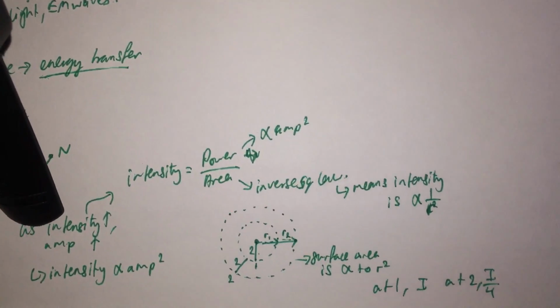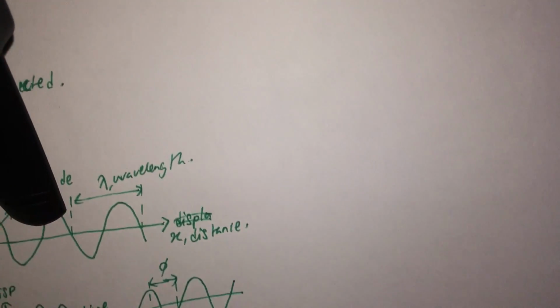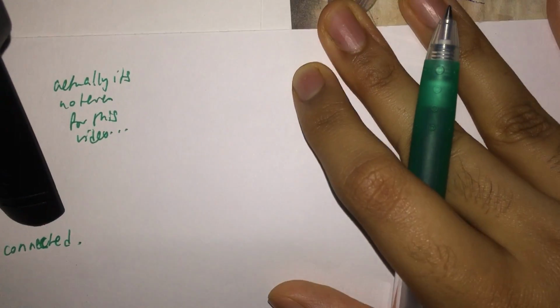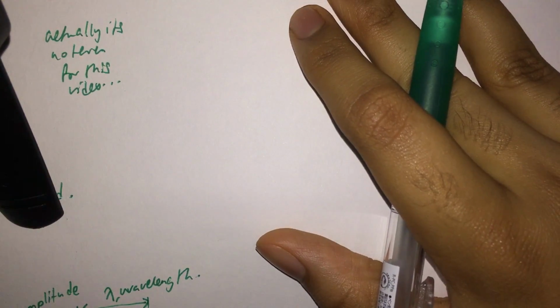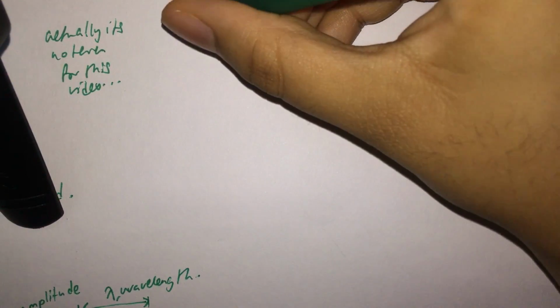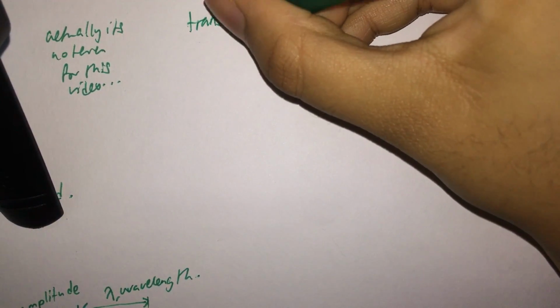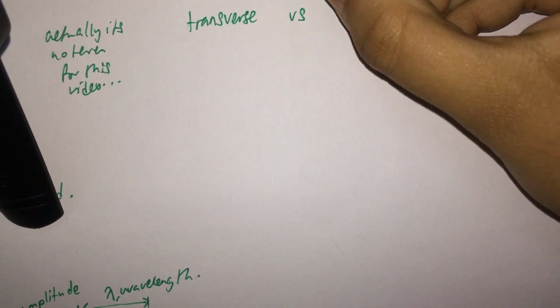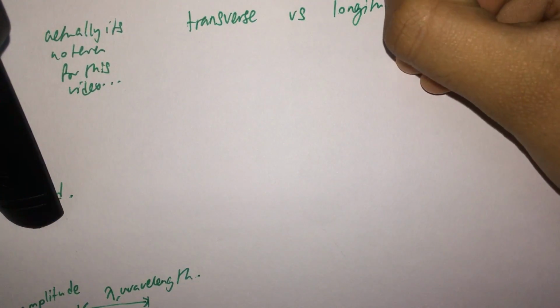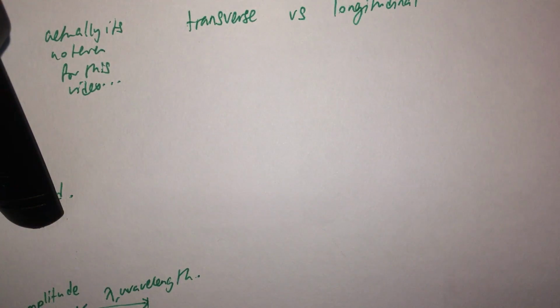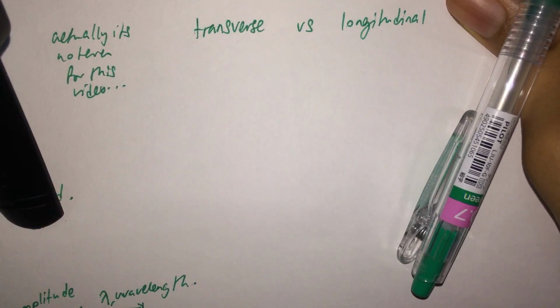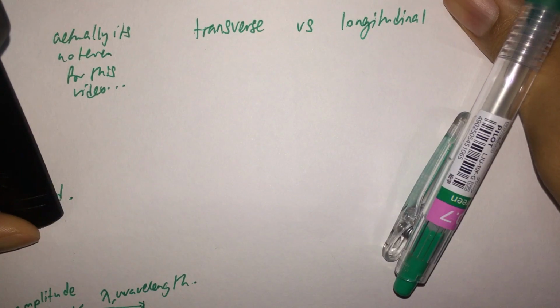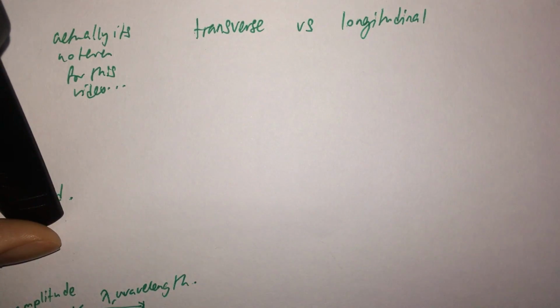Okay, so analyze and interpret graphical representations of transverse and longitudinal waves. How do you remember the difference between a transverse and a longitudinal wave? Because sometimes we mix them up and forget which is which. Think about it this way: when you say transverse, think about the universe.